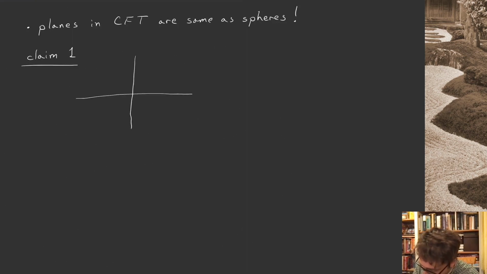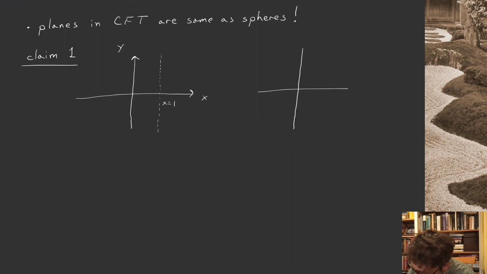I'm just going to draw 2 of the dimensions, x and y, and I have my plane of reflection here. I could set it at x equals 1 if you wish. And now what I'm going to do is act on it with a special conformal transformation and see what happens to the plane. So here's x prime and y prime, since they're transformed. I'm going to do a special conformal transformation with a particular value of this b vector.